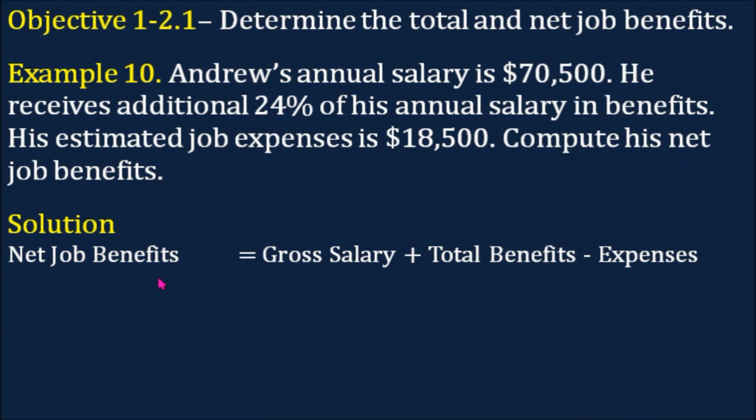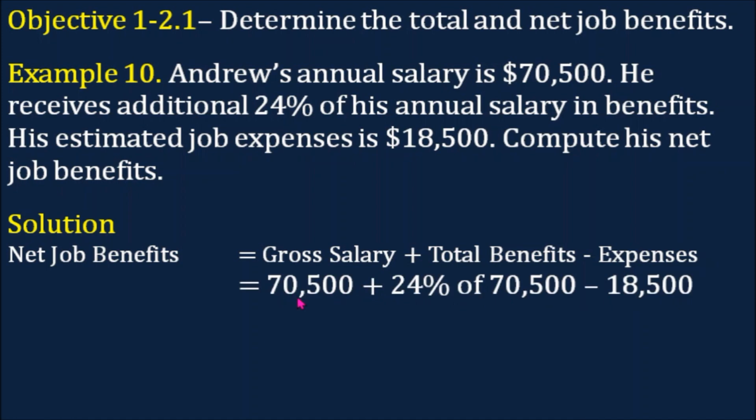Net job benefits equals the gross pay plus total benefits, then minus expenses. So the gross pay here is $70,500 and the benefits is 24% of $70,500 and then the expenses is $18,500.